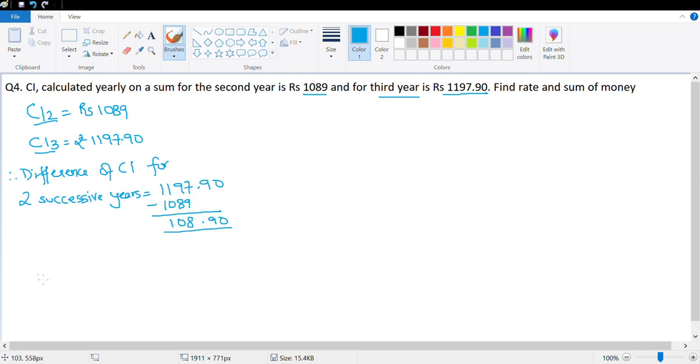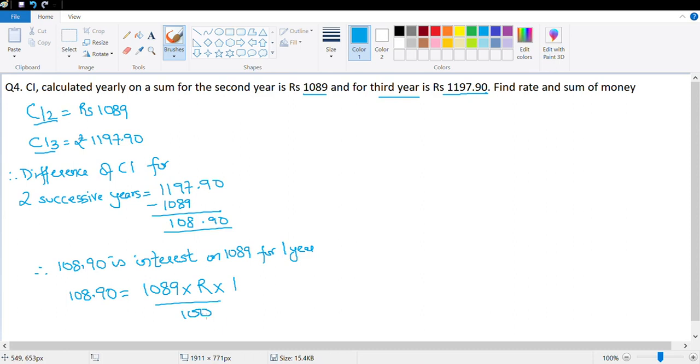What it means is, therefore, 108.90 is interest on the first compound interest, in this case 1089, for how many terms? One term, for 1 year. Let's put it in the formula. 108.90 is equal to principal, in this case 1089, rate we do not know, time 1 year, upon 100.